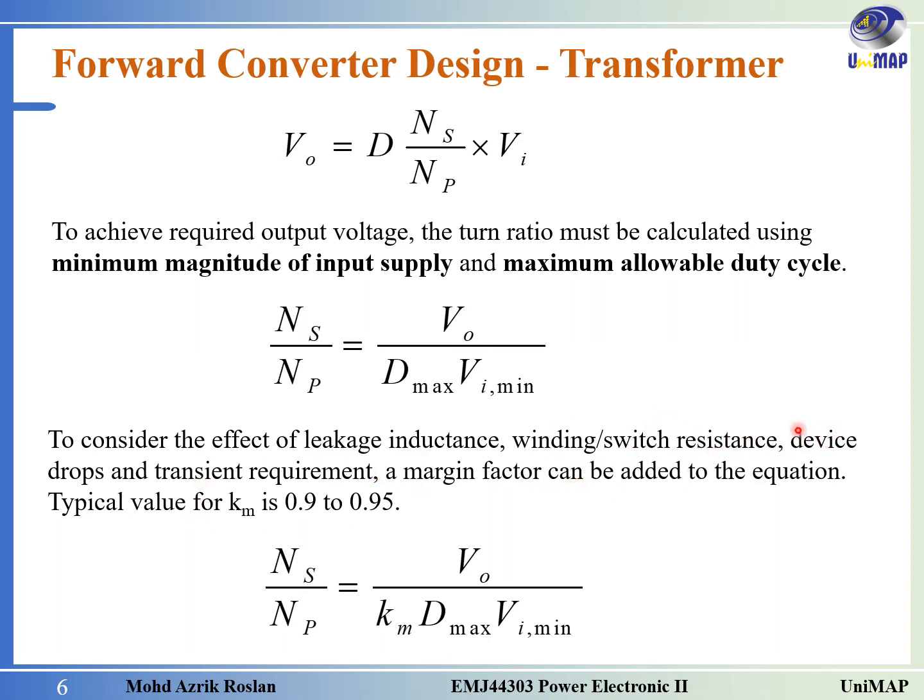So to cater for all of this, we will take a value of km. This is a margin factor between 0.9 to 0.95. If you use this range of values, it should be safe enough. So where do you put the km? You have to put it at the input side, Vi min, multiplied by the margin factor.